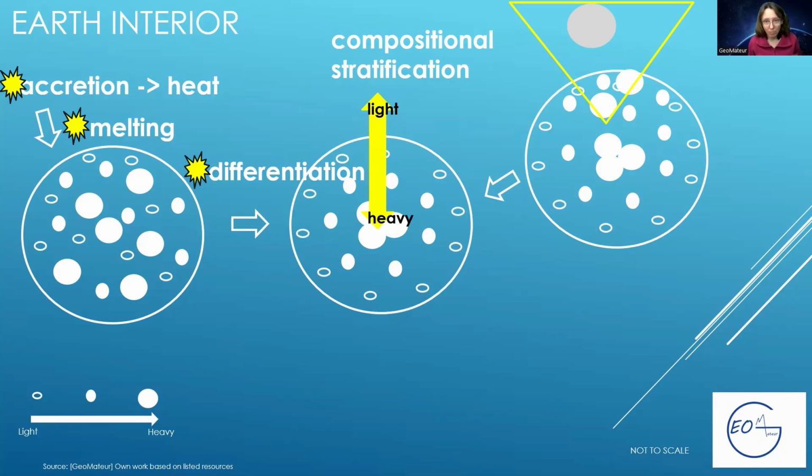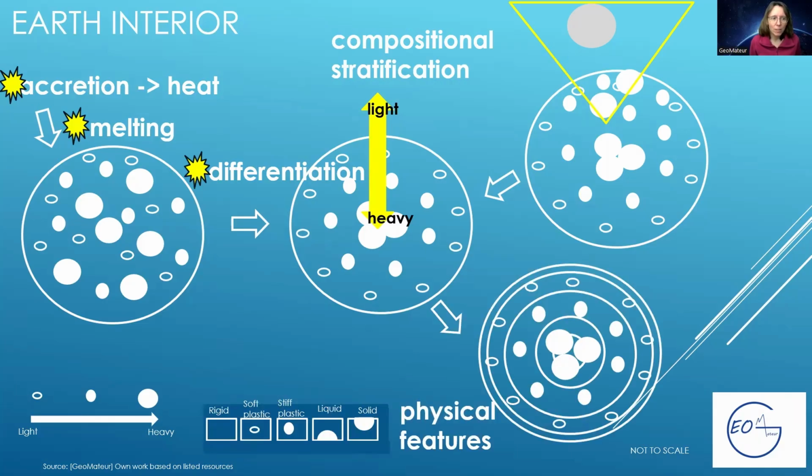For example, Theia, an object the size of Mars that led to the Moon's creation, impacting proto-Earth, caused enormous disturbance, and the differentiation process scaled to the whole planet, almost resetting the existing structure. But what is most important is that the chemical stratification affected the physical properties of the existing structure.